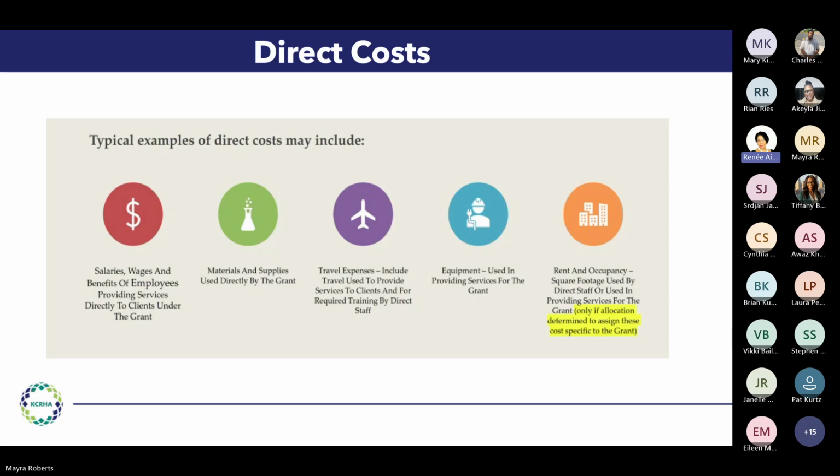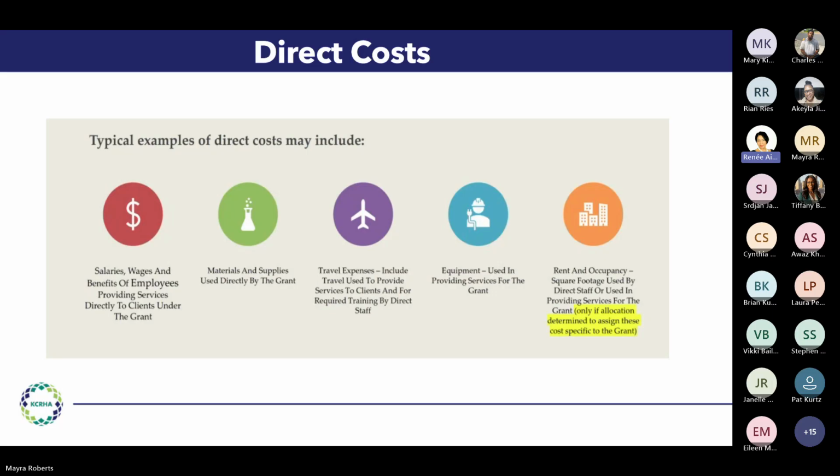So some typical examples of direct costs that you will see are salaries, wages, and benefits of employees that actually provide services directly to clients under the grant. If we have an emergency shelter service, our emergency shelter staff that are on site providing supportive services or otherwise are directly attributable to the conduct of those program services. That's considered a direct cost. They may also include materials and supplies directly used to support the provision of program services.